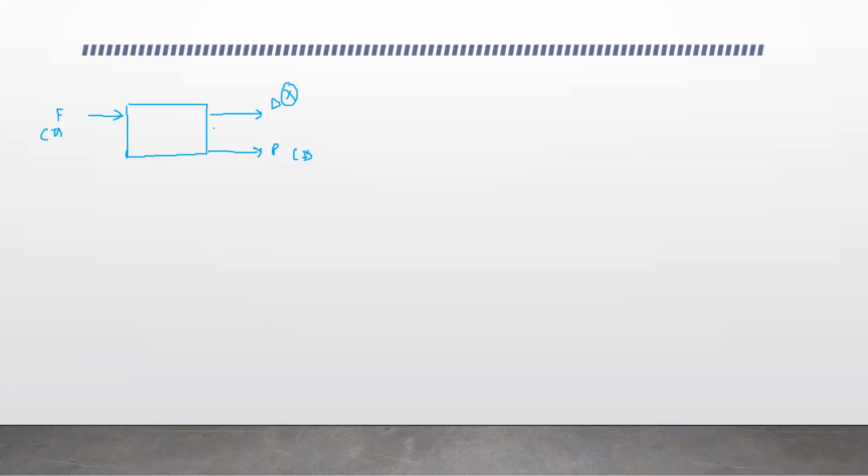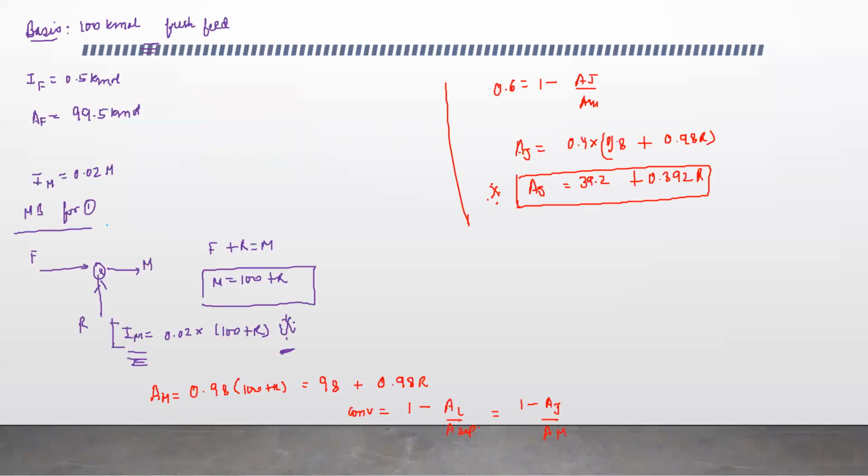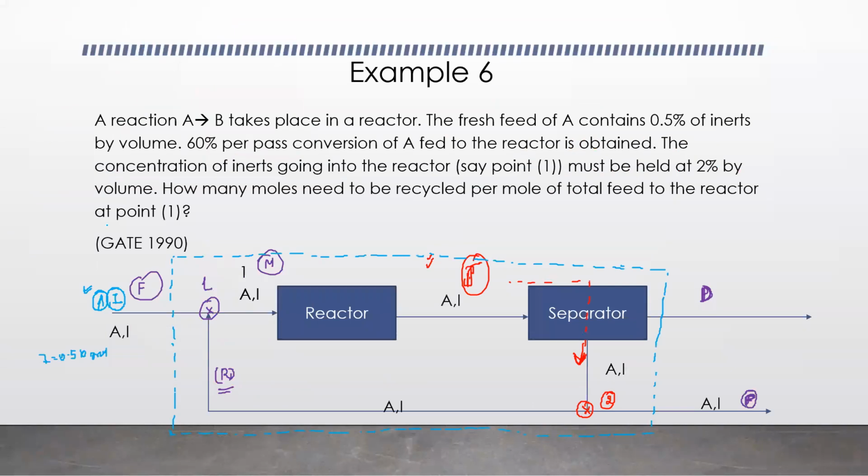So by inert balance, I in feed is equal to I in the purge stream, that is 0.5 kilomoles. That gives me I in the purge stream. Now we have done the material balance here.